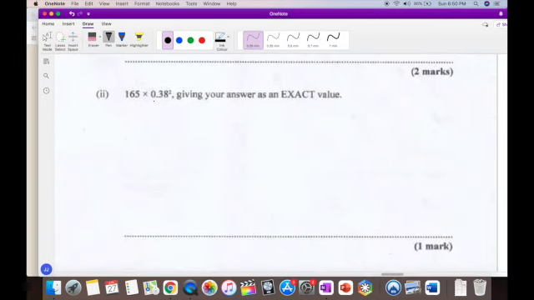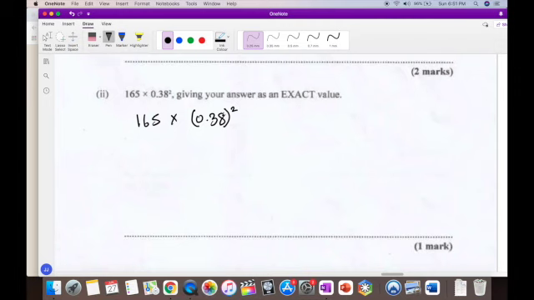Now similarly on the calculator, we would want to use brackets for this one. Please always use brackets when you're using a calculator. It really helps, right? So I'll just punch in 165, multiply, open my brackets and put 0.38, and close my brackets and put squared, just in case the calculator thinks it's 8 squared I'm talking about.